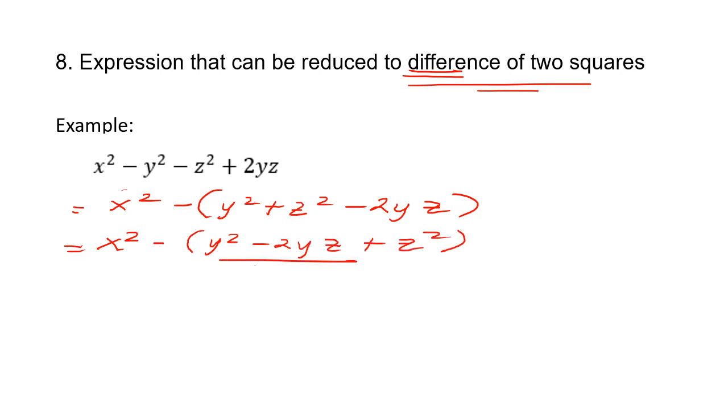As you can see here, this one here is part of our factoring or parts of special product na nato. So here, this is equal to the square of the first term minus 2 times the first term and the second term plus the square of the last term. So therefore, this is equal to y minus z quantity square.